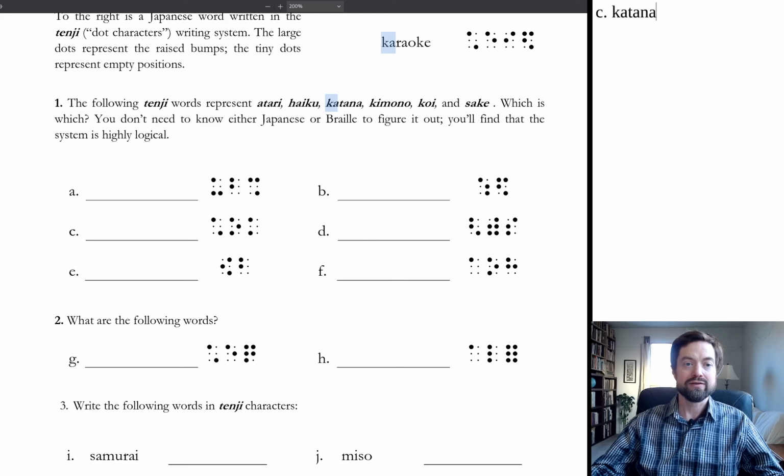Oh, well, katana is the same as what we see in Atari. So we have ta and ta. Do we see another word that has this same middle letter? And there it is, F. Okay, so F, we have Atari. So that's looking pretty good.